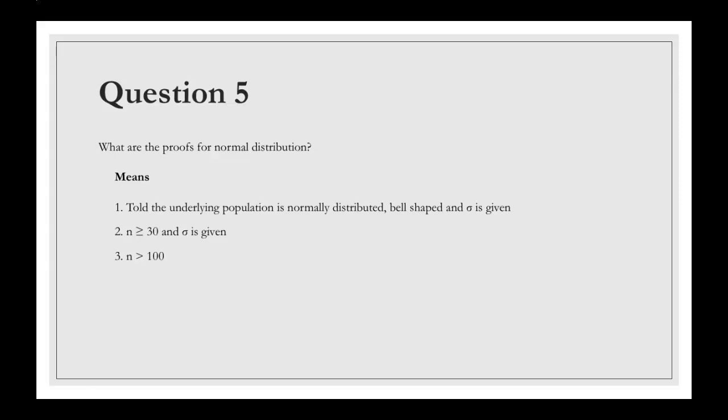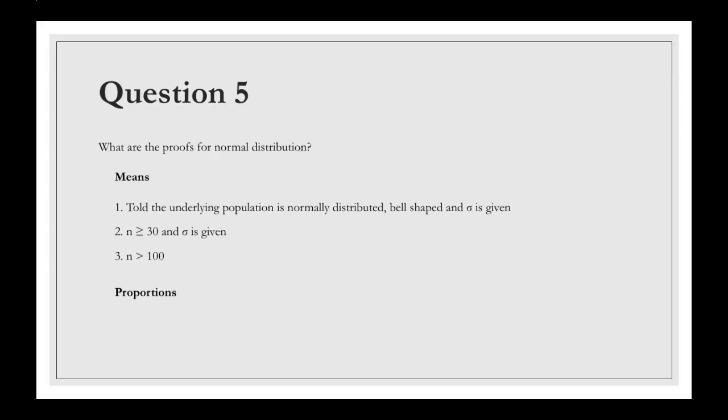Right? So those are your 3 proofs. Now, for means, just one of them has to be true. Right? You can choose 1 or 2 or 3. If any of those are true, you have your proof. If none of them are true, again, that's when you use a t-score.